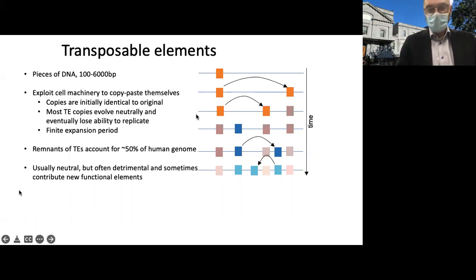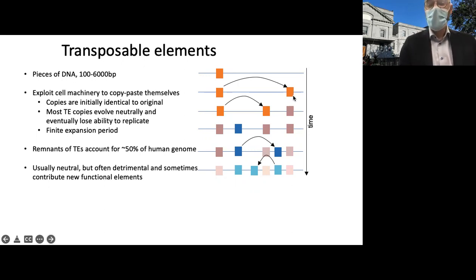Now, one thing that you notice here is that after a transposable element inserts in the genome, it gradually becomes less and less of the color that it started with, meaning it accumulates mutations that make it over time more and more divergent from the original copy.